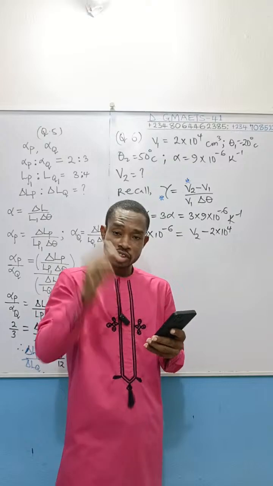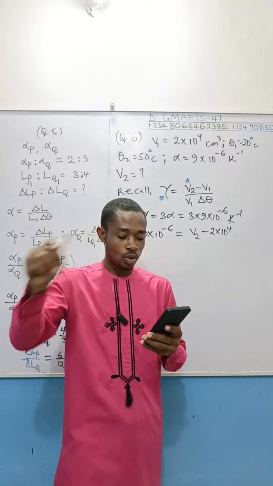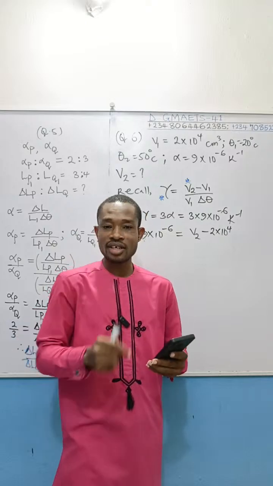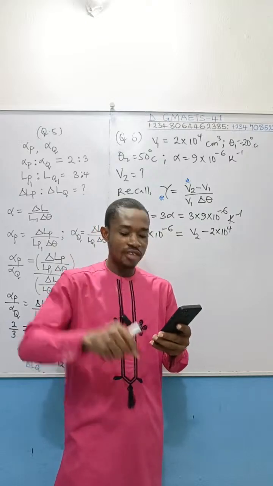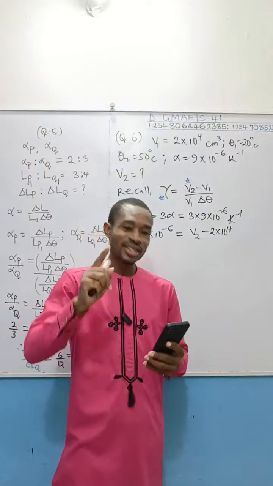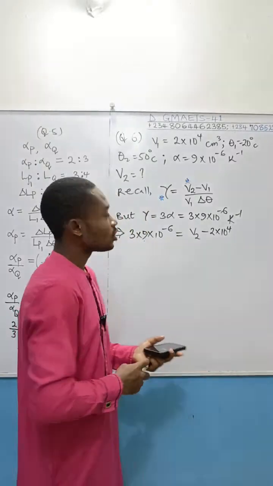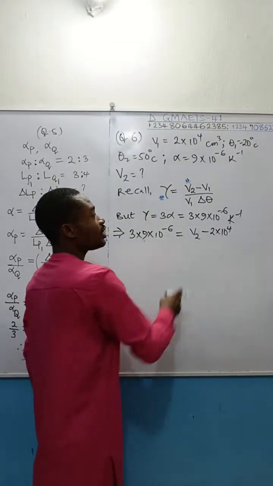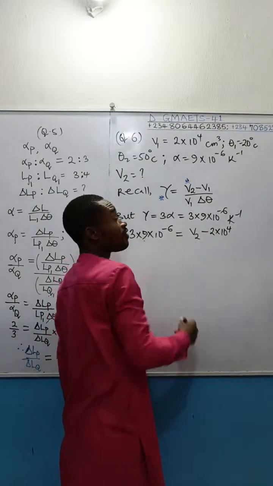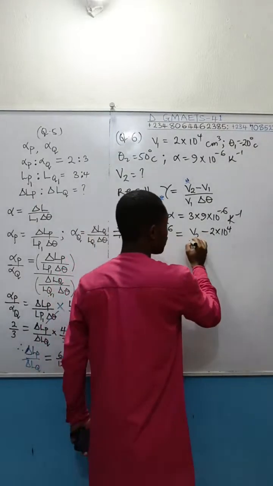Then option D, 20,013.5 cubic centimeter. So we don't need to convert this, since the options given to us, the unit of that final volume supposedly is in centimeter cube.